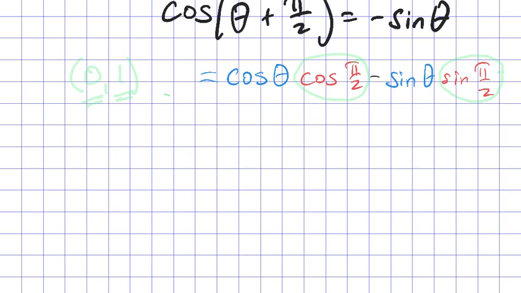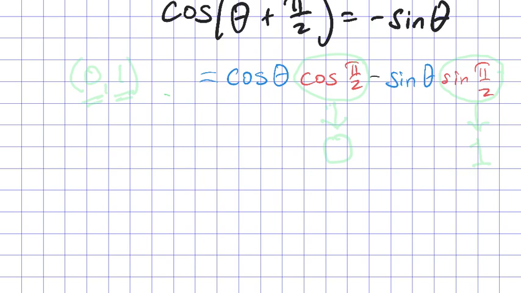So for pi over 2, we can replace the cosine with the number 0. And then we can replace the sine of pi over 2 with the number 1, because the sine of 90 degrees, or pi over 2, is 1, and the cosine is 0.